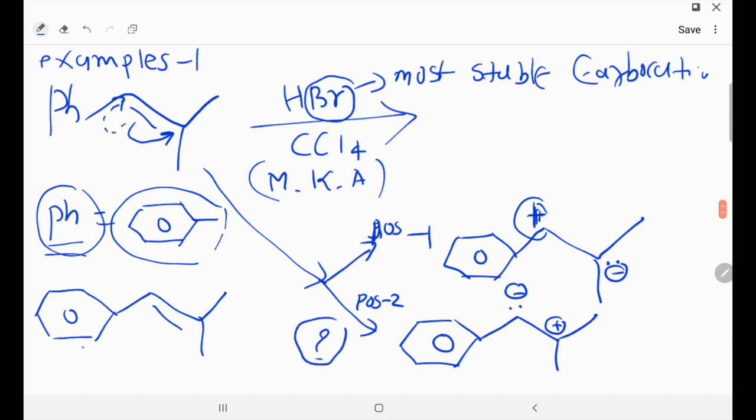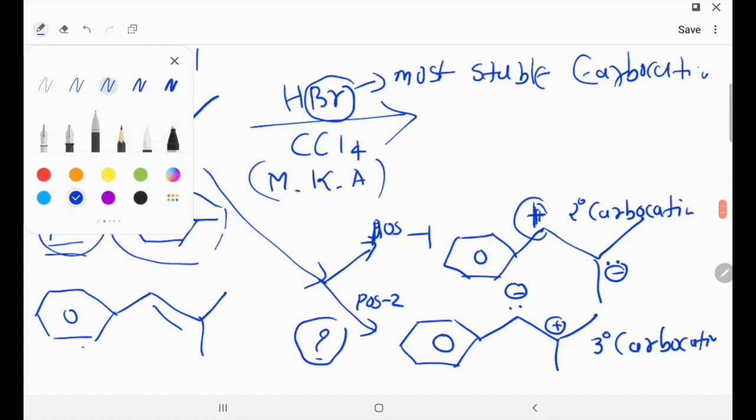Which one is the most stable? So in this case, you can check, there is a 3 degree carbocation, while this one is a 2 degree carbocation. Now what mistake are students making here?